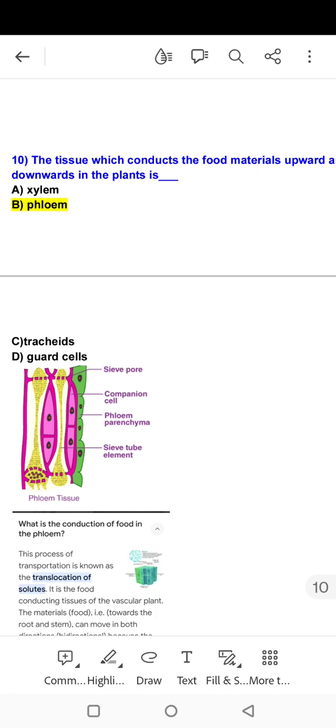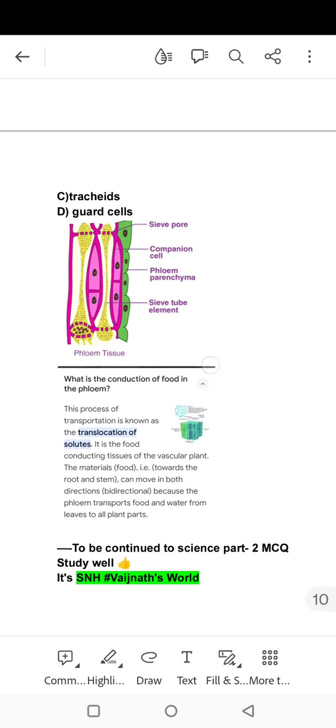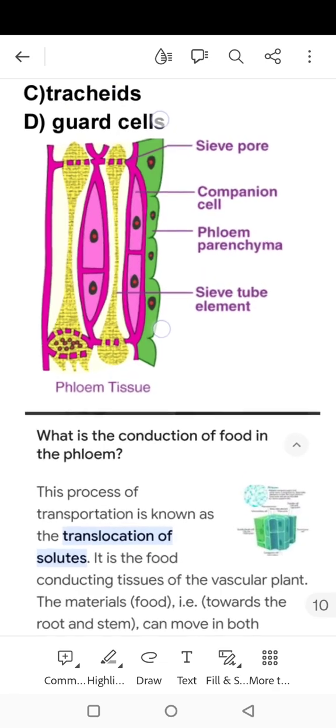It can be supplied to the flowers or seeds which are on the top of the plants above the leaves, as well as the food stored in roots like carrot and beetroot, which can be taken upwards to the growing parts of the plants when the plant sprouts.